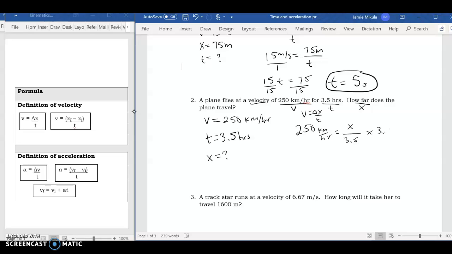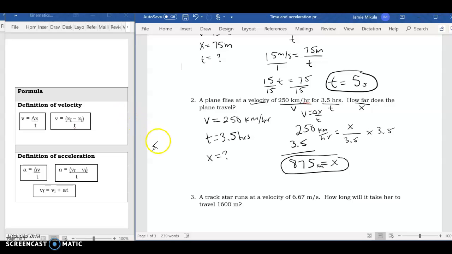So I'm going to multiply 3.5 by both sides. 250 times 3.5 is 875 kilometers. That is your position.